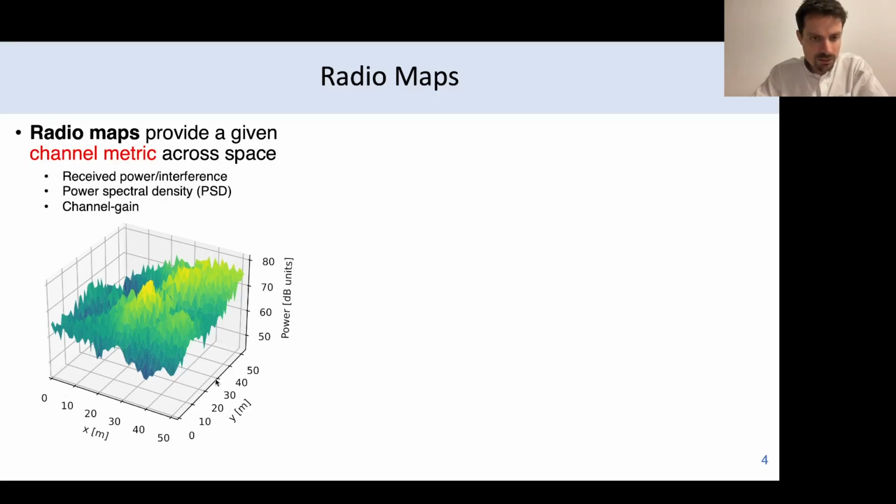This can be a certain area, or in this case a square on the ground. But they can also provide power spectral density or channel gain, as we will soon see. To construct these kinds of maps, we collect measurements at multiple locations, and then we apply some sort of interpolation algorithm.